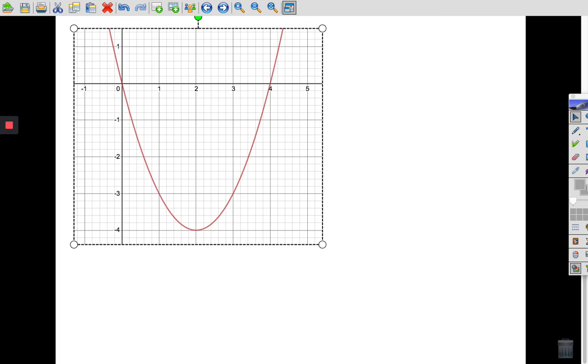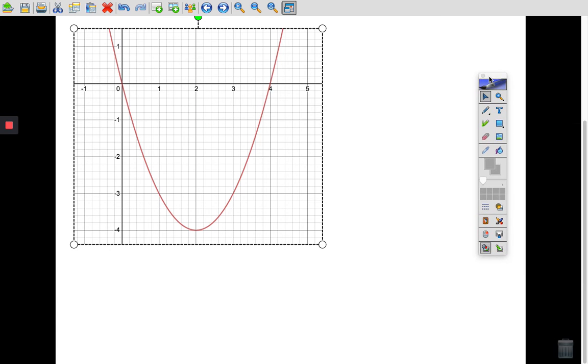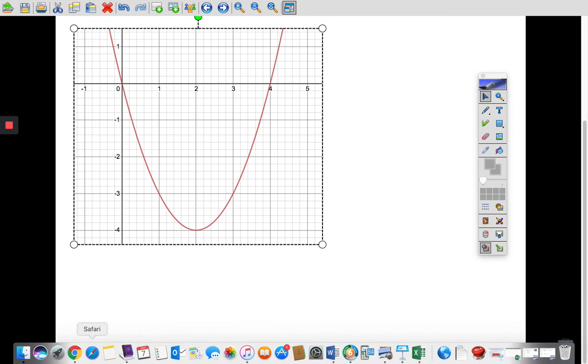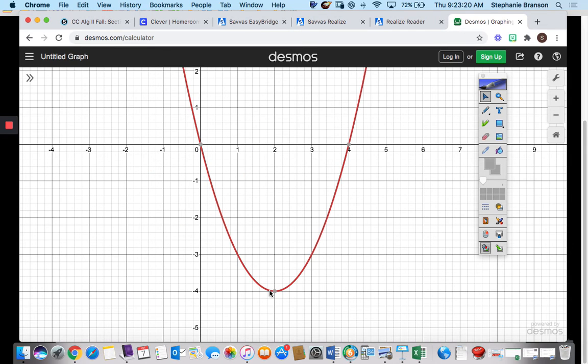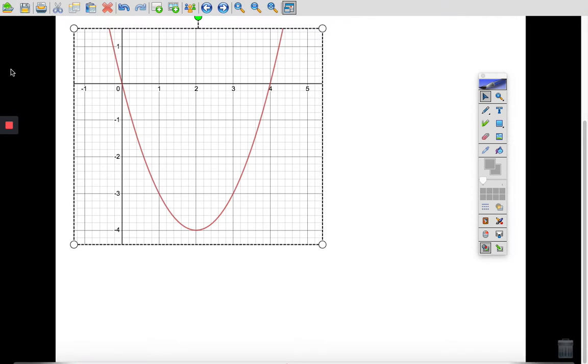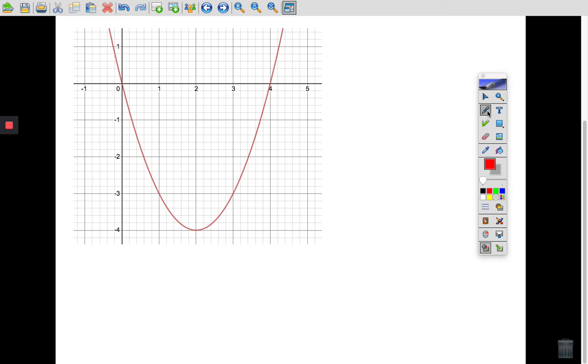Alright, so here is my graph, and I've got a vertex at 2, negative 4. Sometimes it's just better to have a visual to be able to draw on. I've got a vertex here at 2, negative 4.